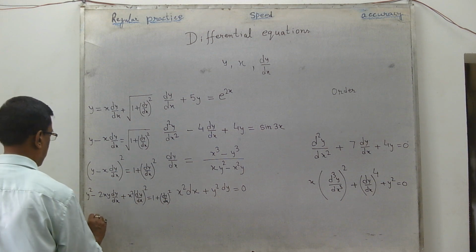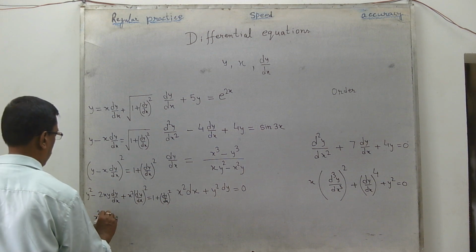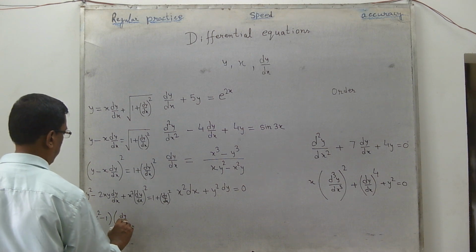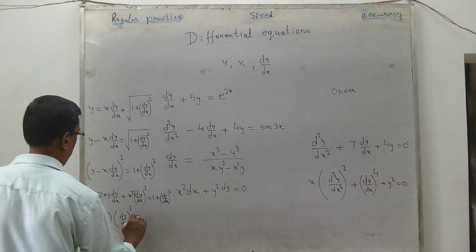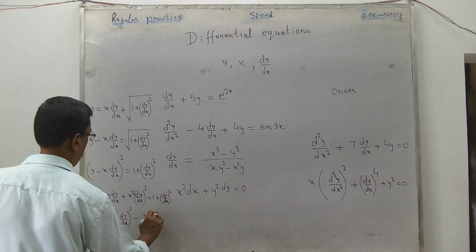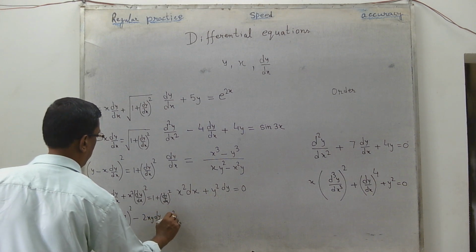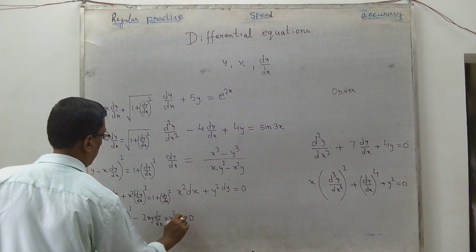Ultimately, x square minus 1 dy by dx whole square minus 2xy dy by dx plus y square minus 1 equals to 0.